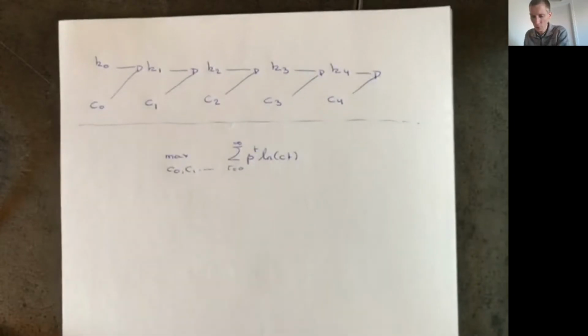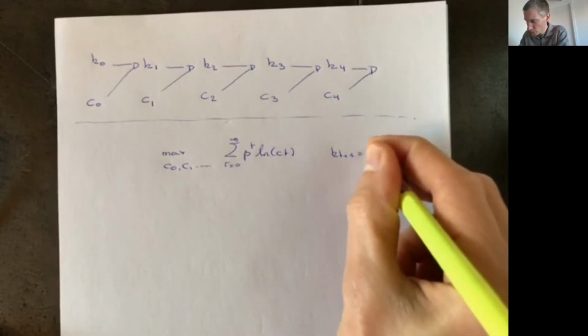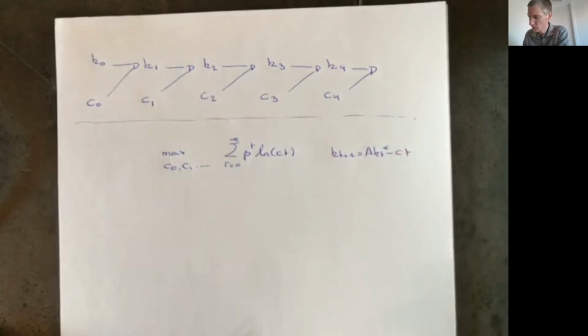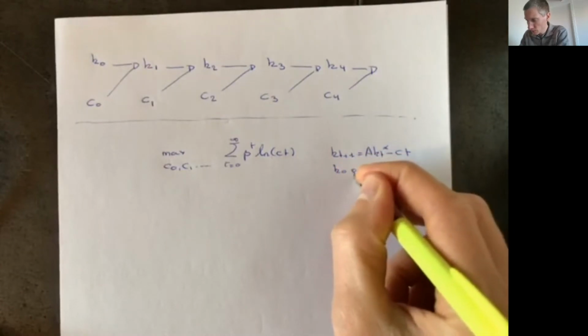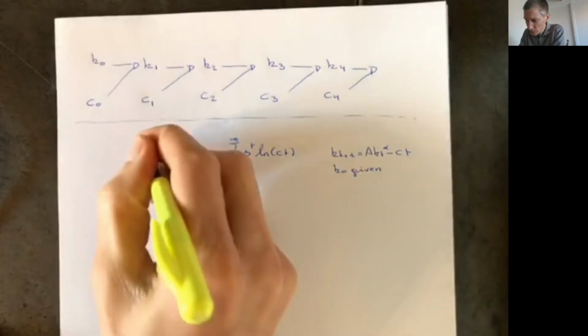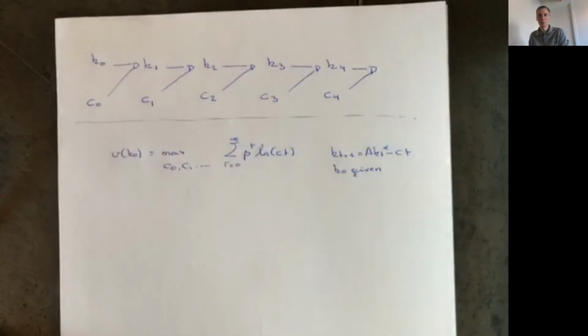And then we had some constraints. Basically, the most important one was the law of motion: k_{t+1} is equal to a k_t^alpha minus c_t, and then k0 is given. Okay, so this is our maximization problem, and this gives us the value function v of k0.